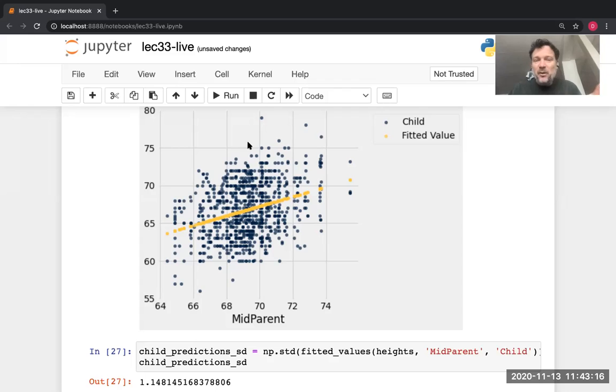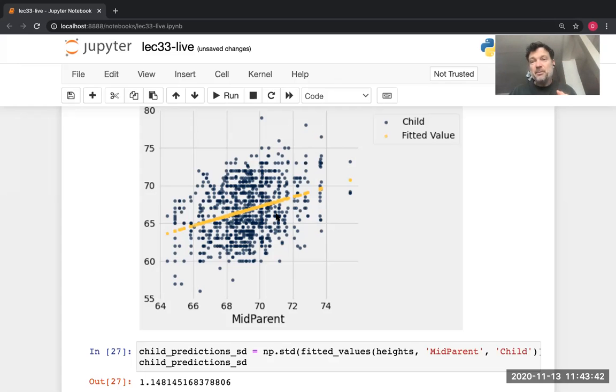This could be anywhere in this plot, and you had to make a prediction for the height of the child. Well, your best prediction would probably be the mean height of all children. That'd be the best you could do. That's kind of right in the center. So how much error would you have for that totally uninformed, ignorant prediction? Well, the typical error you would have is measured by the variability in the actual heights around that mean.